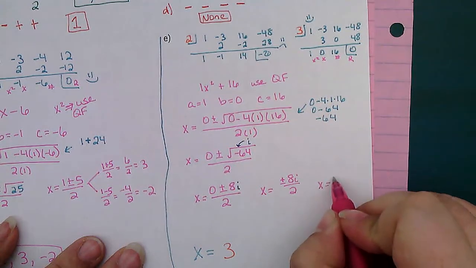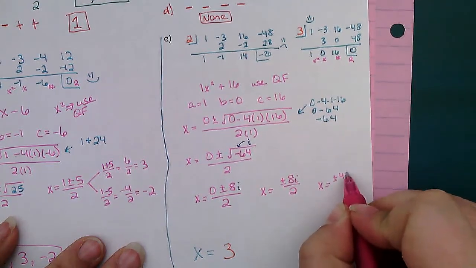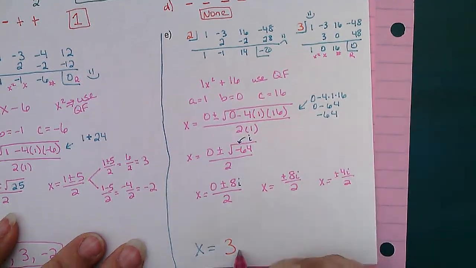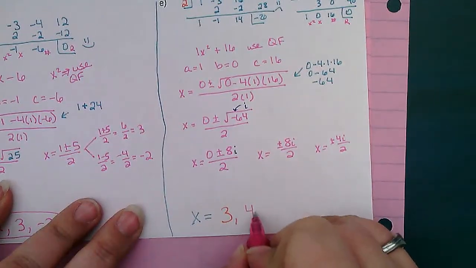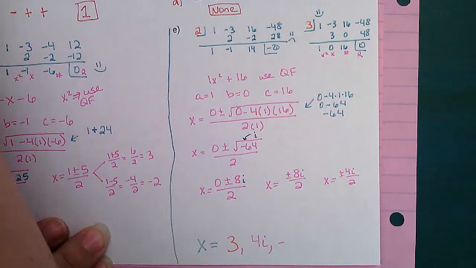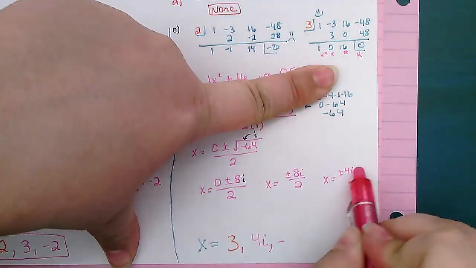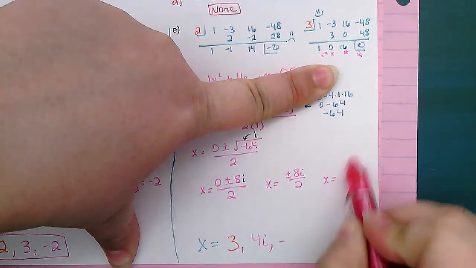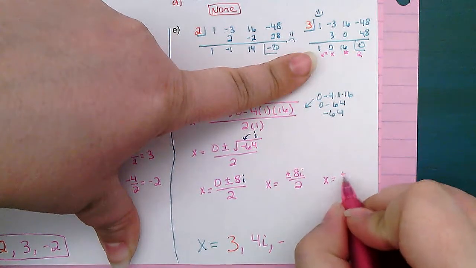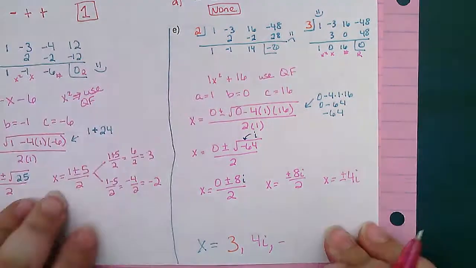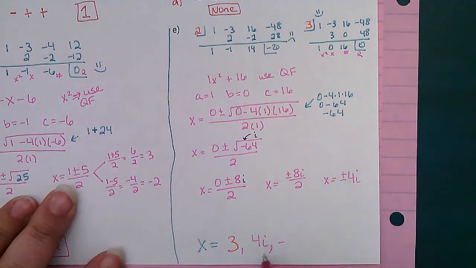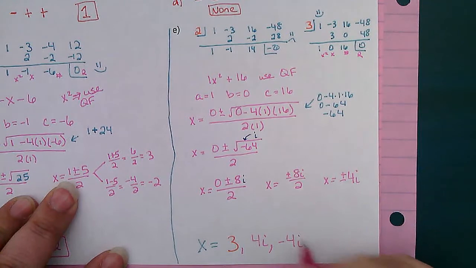Yes, I can. Oops, let me catch that mistake that I made. 8i divided by 2 is 4i. It wouldn't be divided by 2 anymore because I divided it by 2 to get the 4. So no more dividing by 2. So 4i and negative 4i.